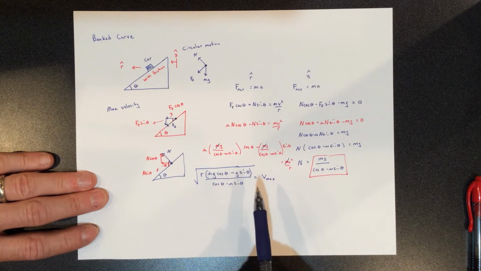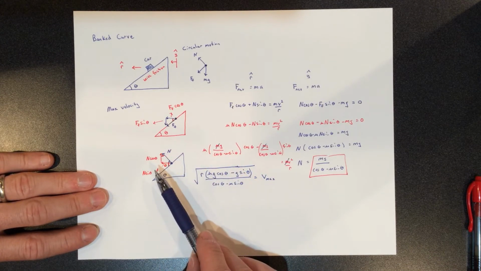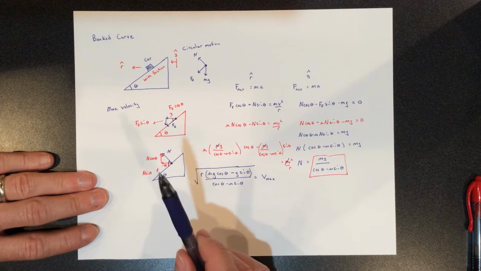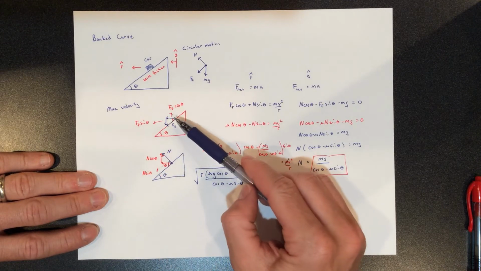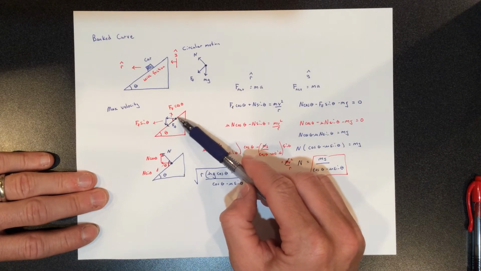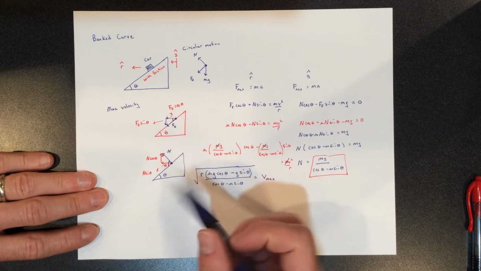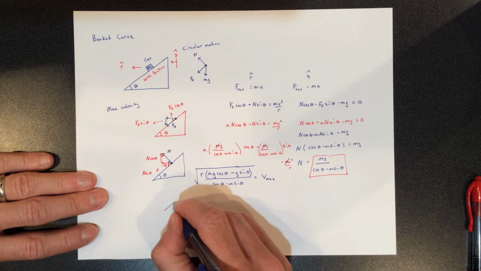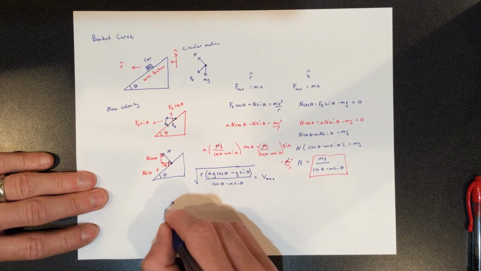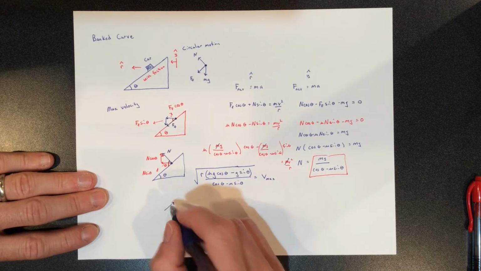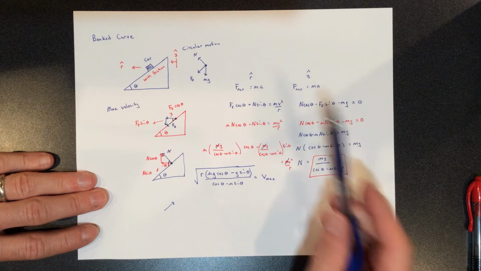Now for the minimum velocity, we kind of have to redo some things, but not really. If we're going to go at the minimum, the force of friction just points in the other direction. So instead of in and down, the force of friction would go out and up. So all the force of friction terms just change signs.